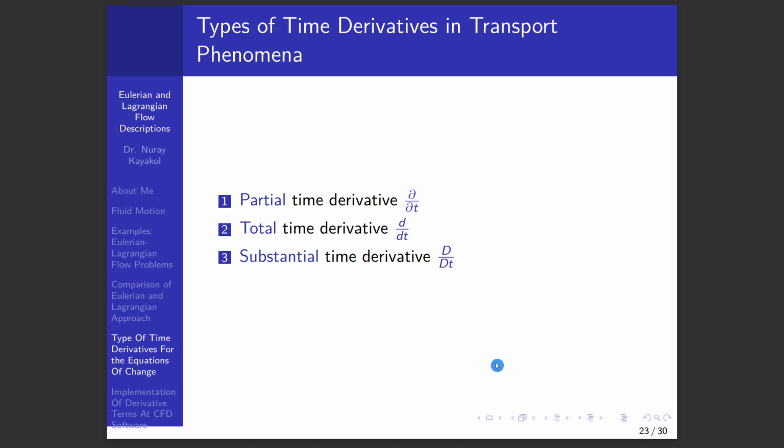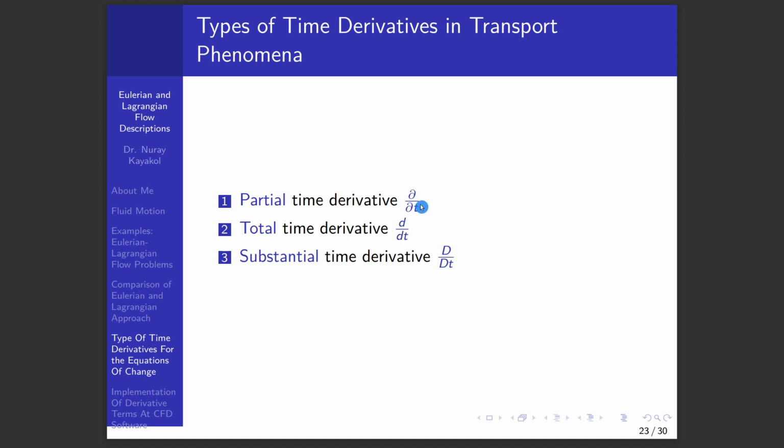Maybe you are familiar with d over dt, that is the differential term. In differential equations, the derivative is expressed d over dt. But for partial derivative, we use a different operator.